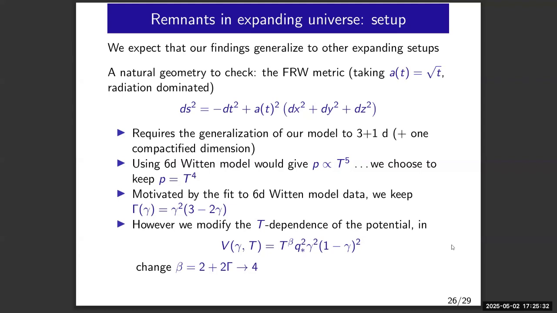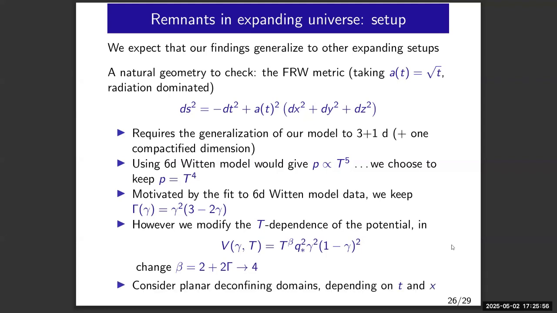This is motivated by the 6-dimensional fit, which I'm not going into. And it's also a slightly simpler choice than 2 plus 2 gamma. But this is a little bit more phenomenologically constructed model than the 2 plus 1 dimensional case. But it's anyway coming from the fit and phenomenology.